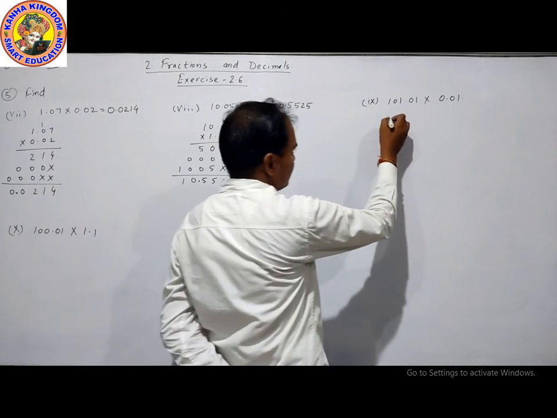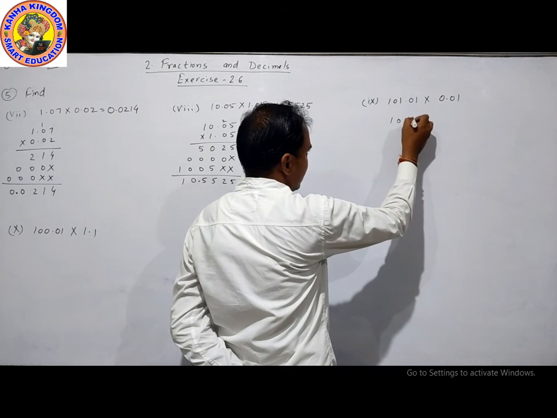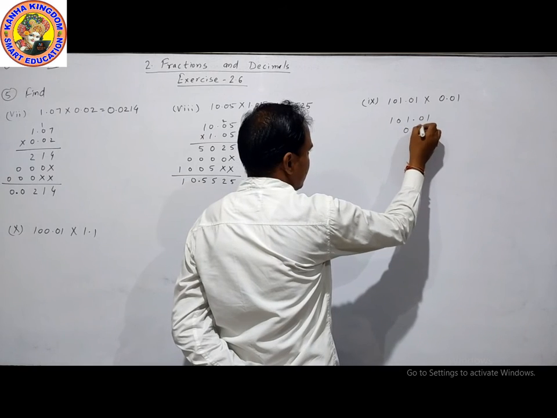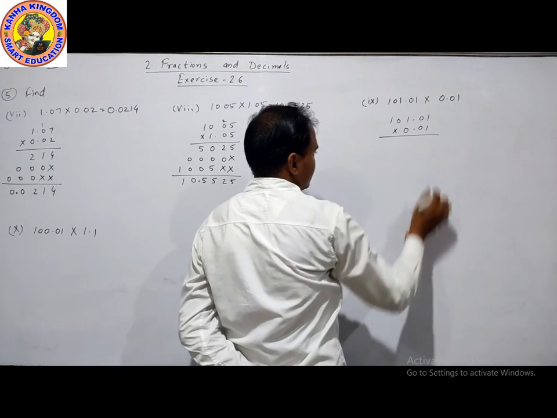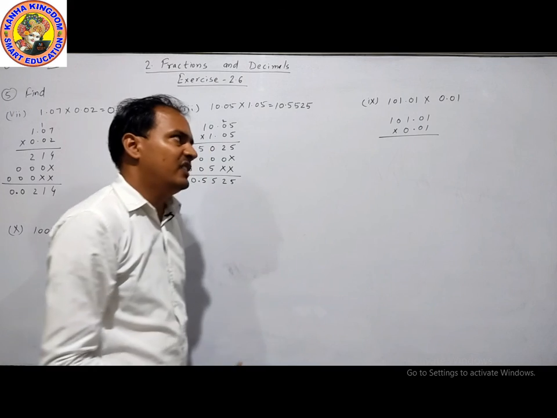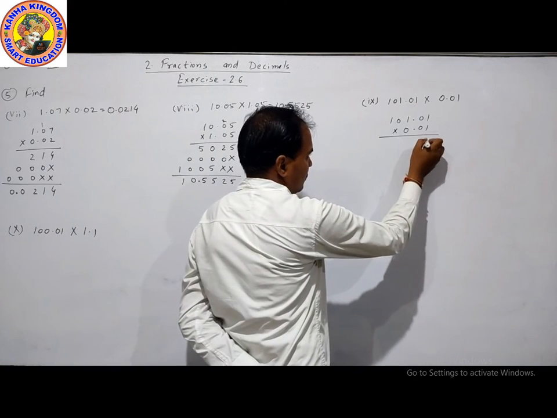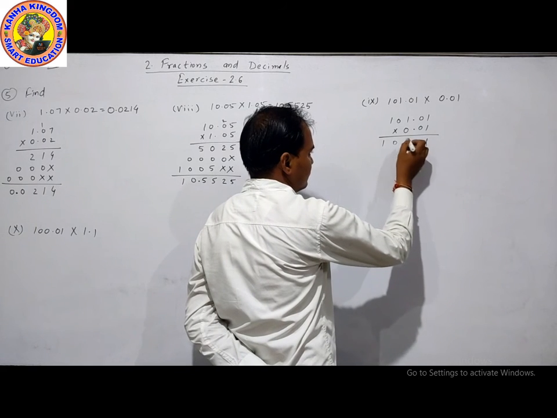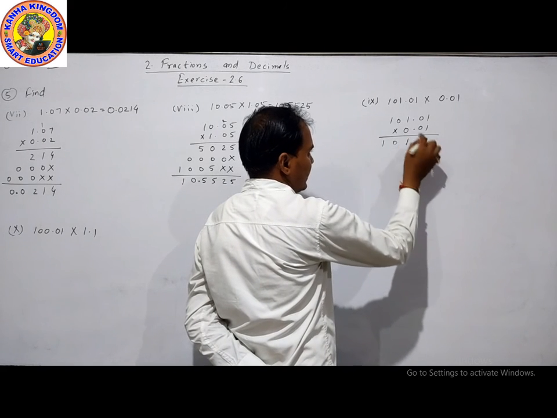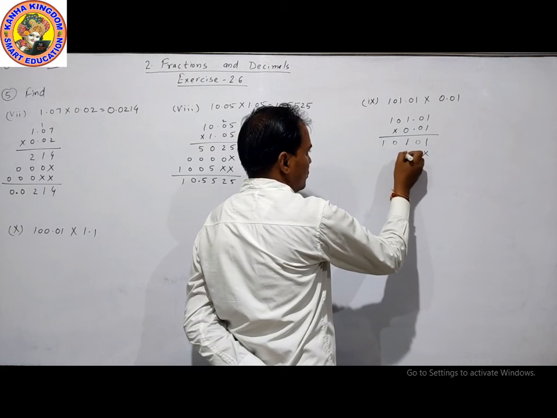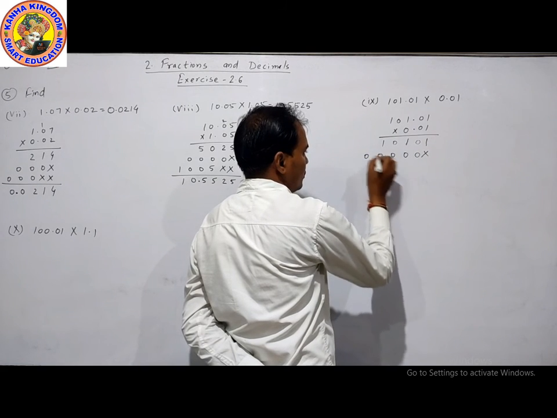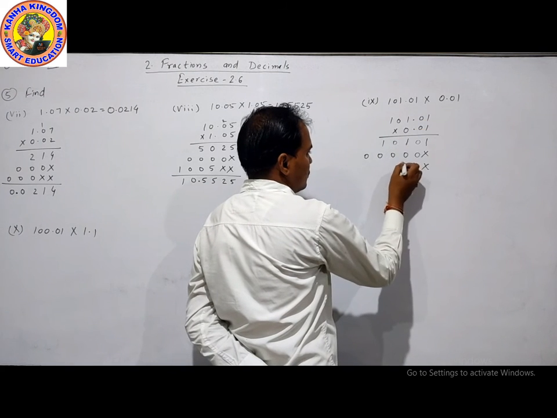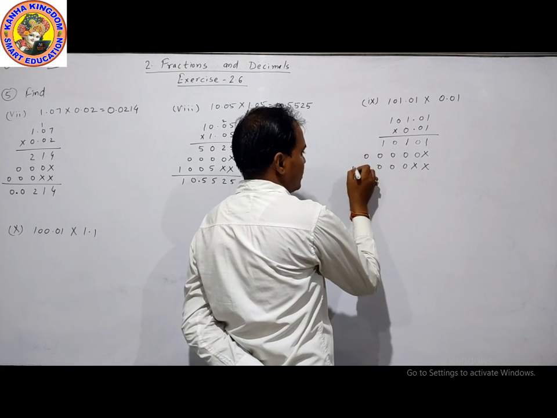Next question is 101.01 multiply 0.01. First of all, 1 will be multiplied, giving 10101. The next one is 0, giving 0, 0, 0, 0, 0.